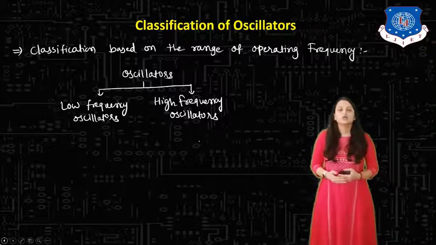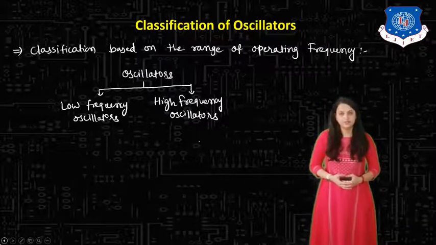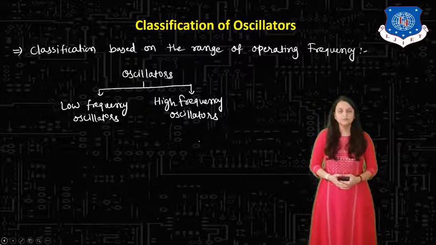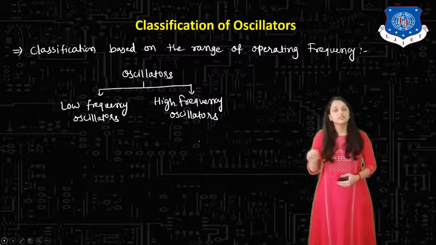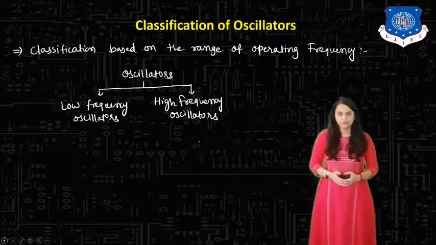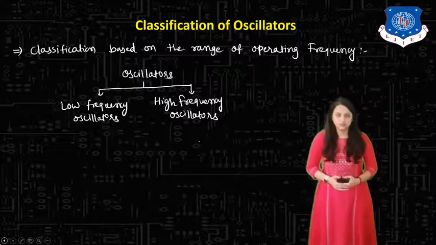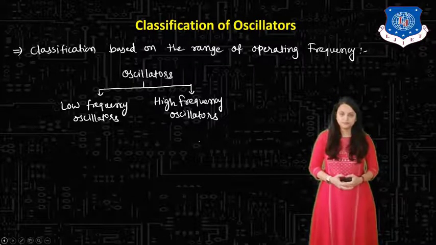The first one is low frequency oscillators and the second one is high frequency oscillators. As the name suggests, in low frequency oscillators, the output frequency produced will be in a lower range, and for a high frequency range, we need to use high frequency oscillators. Okay.